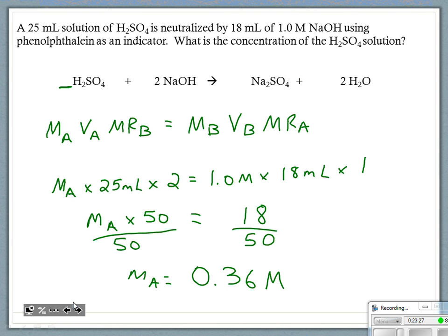So 18 divided by 50 is 0.36 molar. And what is that? The molarity of the acid. That wasn't too tough, was it?